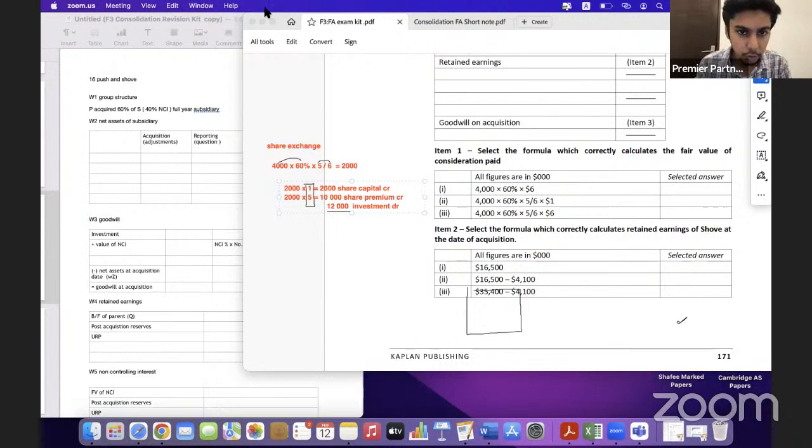Then when you do this part correctly, you should be able to get the answer. I explained it properly, but when I did it here, I had done a small calculation error. This one, when you do it, the answer is 2,000. So 2,000 into 1, 2,000, 2,000 into 5, 10,000, then 12,000.